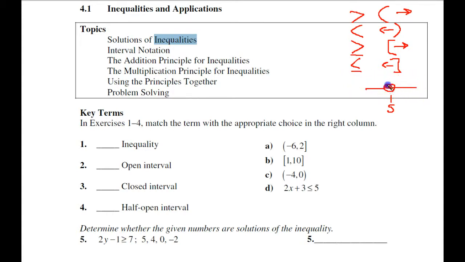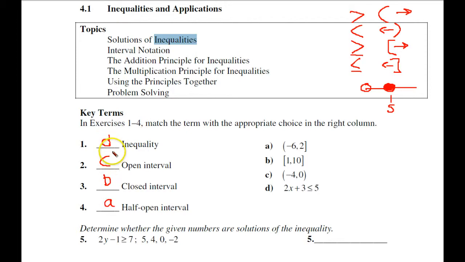But then if we darken that, we would say 5 is included. So that would be these two where we use a bracket. So the hollow would be the parenthesis, the solid dot would be the bracket. Okay, so we'll give you some time to take a look at 1 through 4. You can pause the tape.